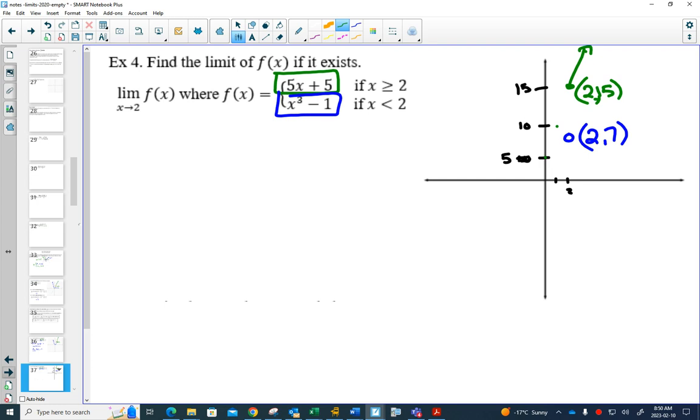We would have that part of the line. X cubed minus 1. There's your x cubed graph, just translated 1 unit down.